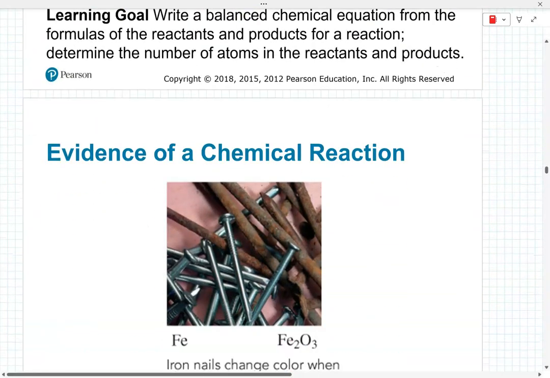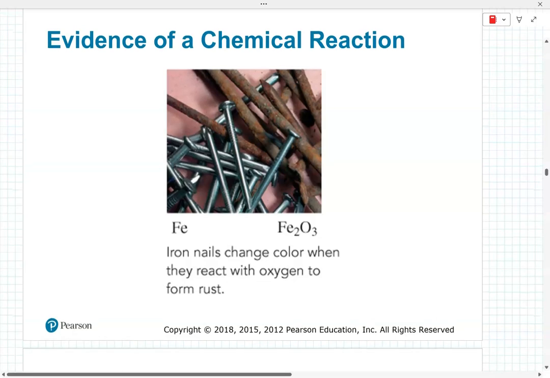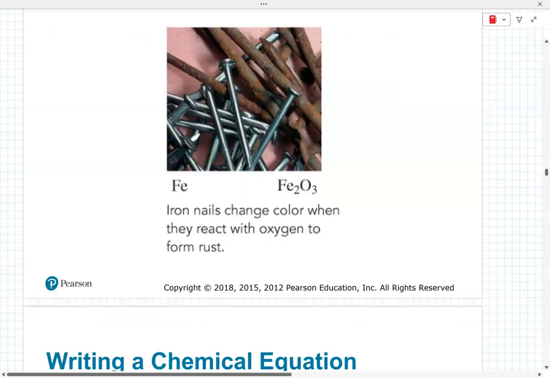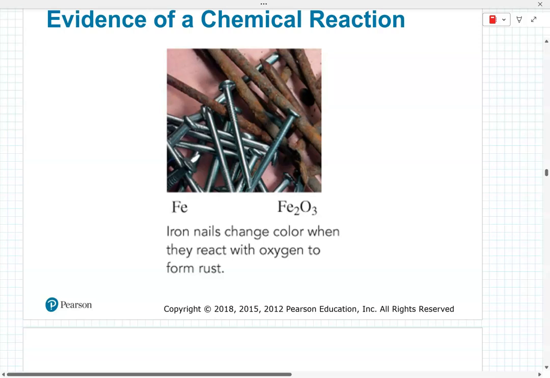So what can serve as the evidence? Change in color, evolution of gas, formation of precipitate, change in temperature, increased temperature, sometimes decreased temperature. Good? We're going to learn more about those evidences.